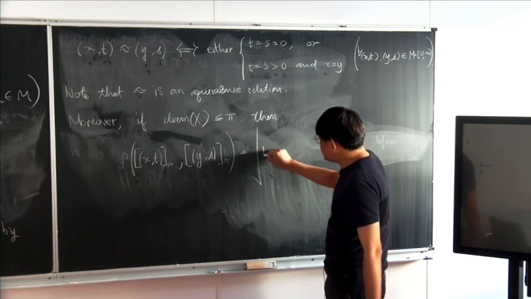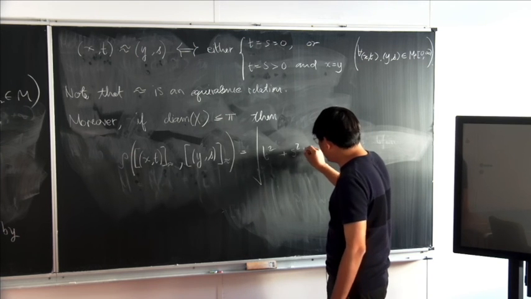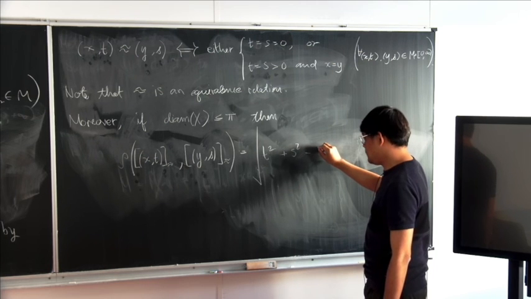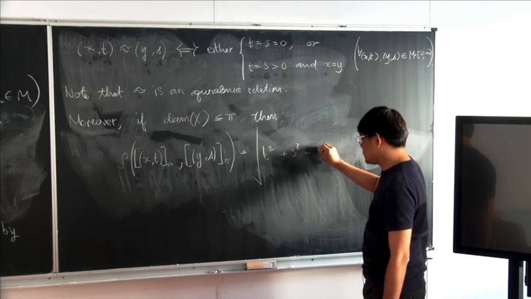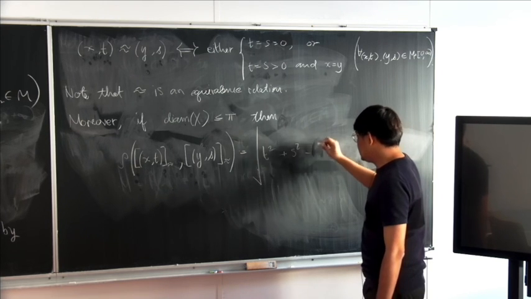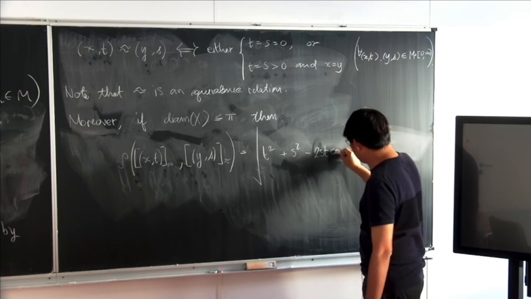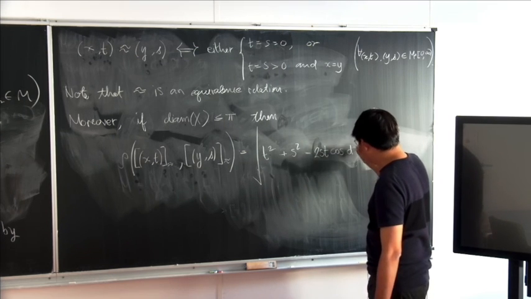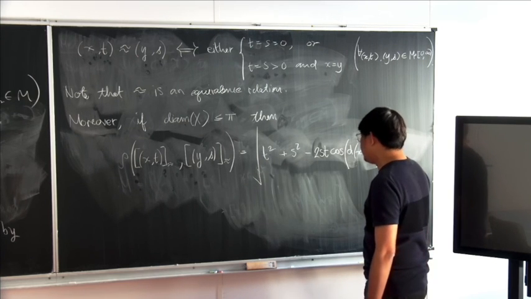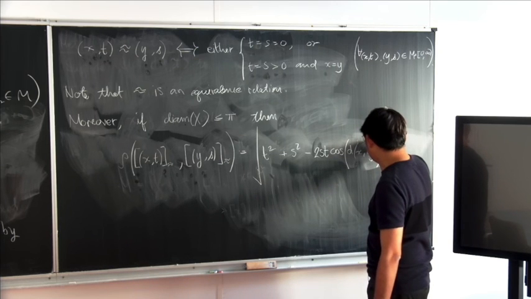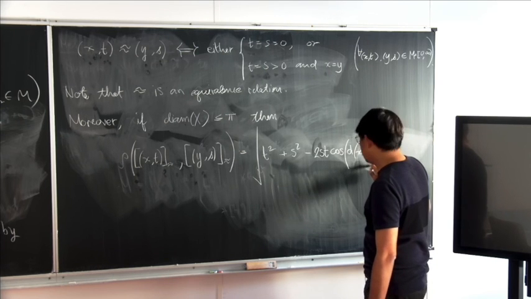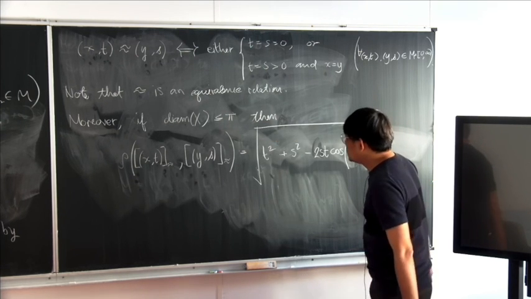This is defined by t squared plus s squared minus 2st cosine of the distance.